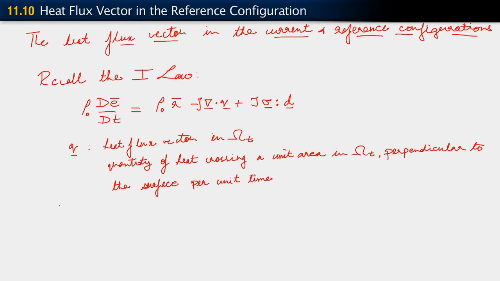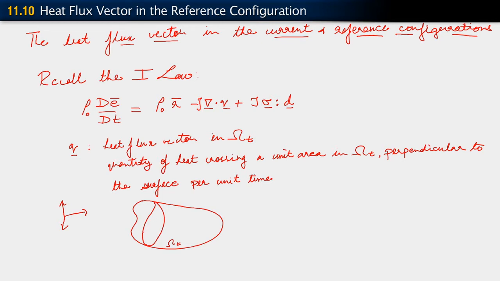So the picture is something like this. We have our body, and that is omega sub t. Suppose that we have a surface, an internal surface within the body.